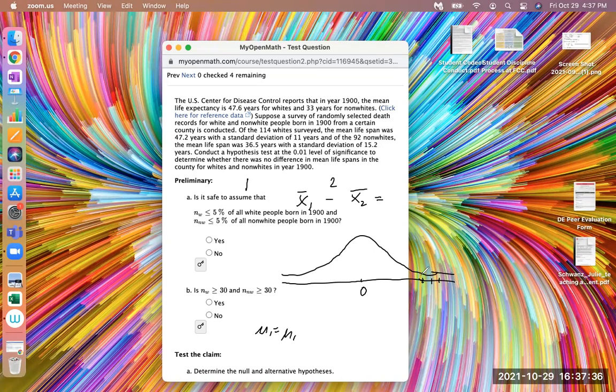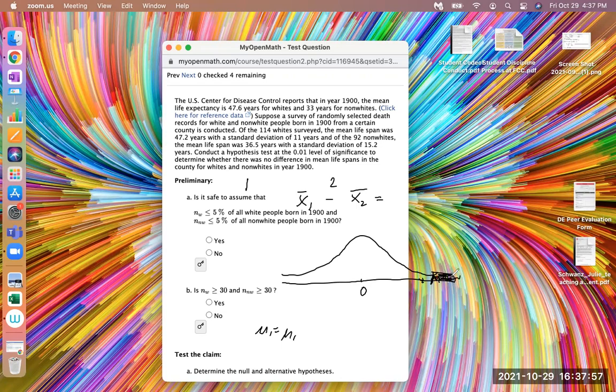If the difference in these means is really large, then it's evidence that they didn't come from the same population, or at least they didn't come from populations with the same mean. So if we have a difference way out here in the tail, then we calculate the probability of getting a difference that large or larger.